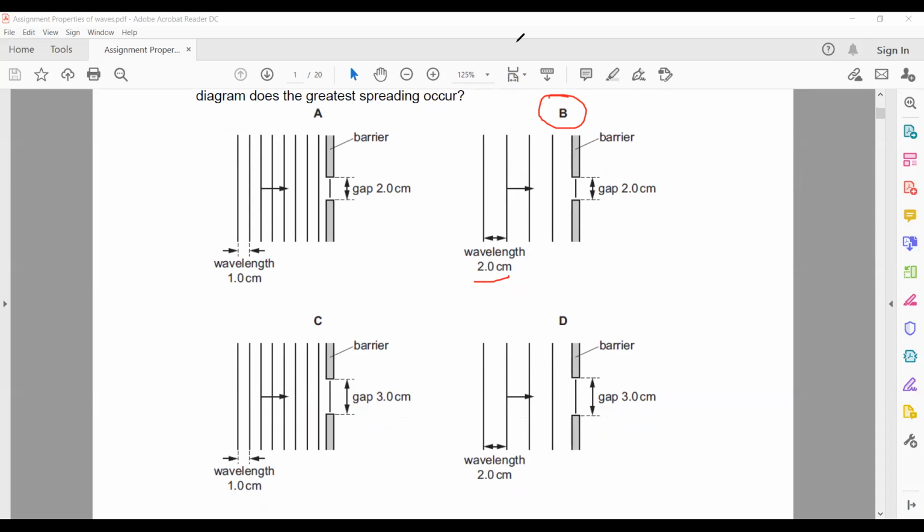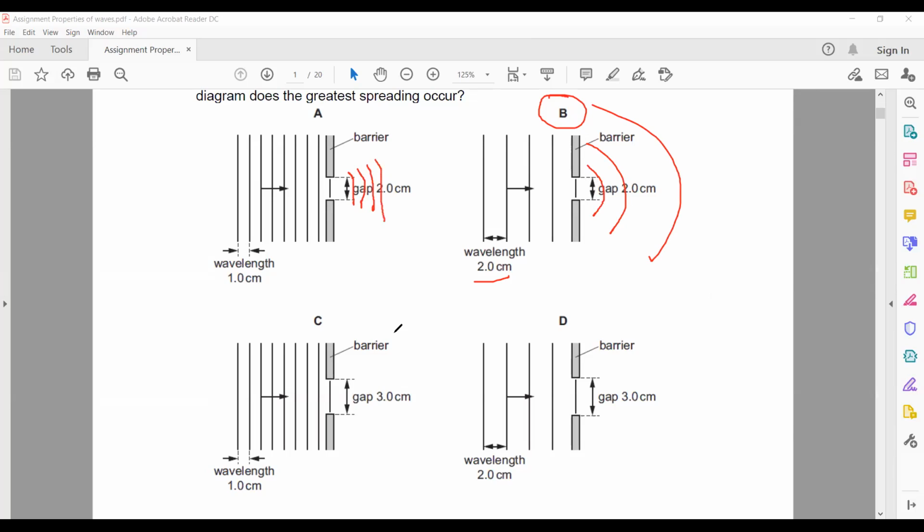And when the gap size is smaller than the wavelength? When the gap size is smaller, diffraction will still occur, but the amount of diffraction, or the amount of energy, decreases. Diffraction will be there, but small compared to the maximum when they are equal. If I complete the pattern here, the wavelength is smaller than the gap, so there is a very small amount of diffraction.